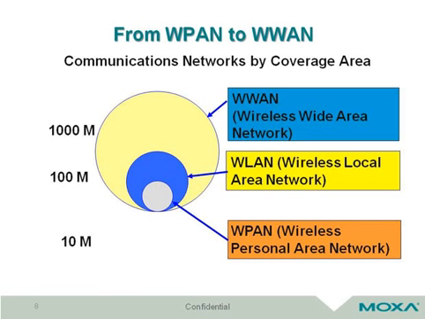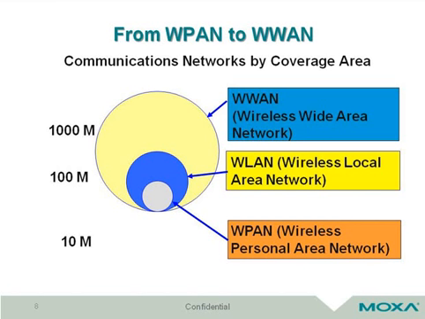As we learned in the course Ethernet Essentials, the wired network is separated into several categories by coverage, and so does the wireless network. The wireless wide area network can cover around 1 km² area.